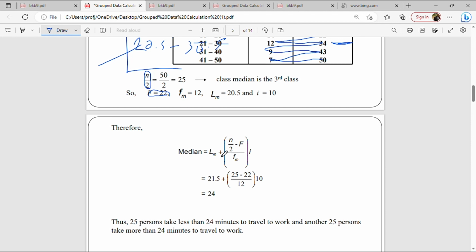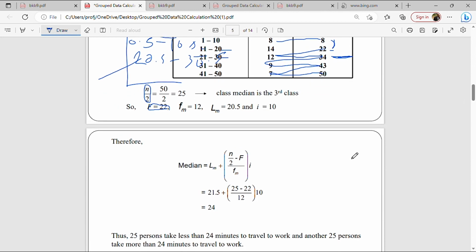Then plus, in brackets, n over 2 is 25 minus the cumulative frequency before the median class, that's 22, you put it, then over the frequency of the median class, which is 12, times 10, which is the width.